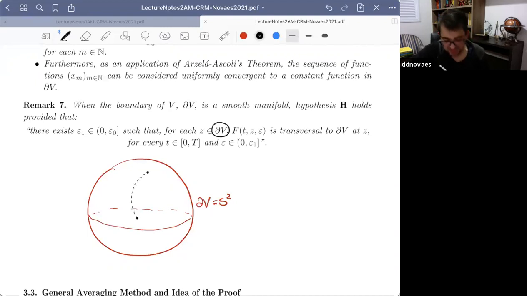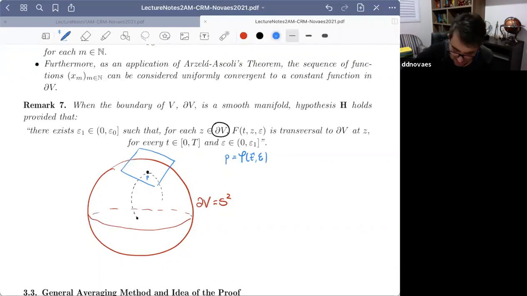Okay, it reaches the boundary of the ball at some time, and then it comes back to the interior of the region V. So at this point, if we draw the tangent space of the boundary of V at this point, let's call this point P, so P is equal to phi of t hat epsilon.